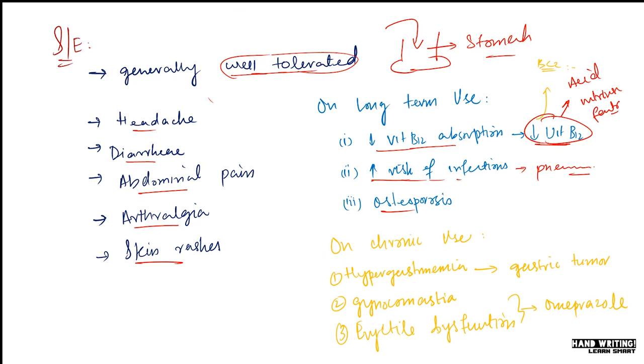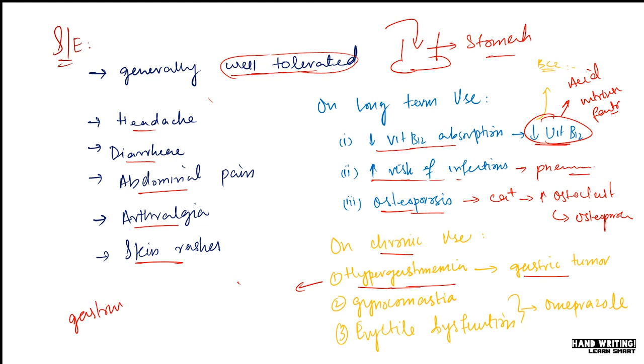Also, they cause osteoporosis by decreasing the calcium absorption in the duodenum, and by decreasing the calcium absorption, they increase the osteoclast activity, which leads to osteoporosis. On chronic use, they cause hypergastrinemia, which can lead to gastric tumor, because gastrin is one of the most potent stimulators of hydrogen ion secretion.